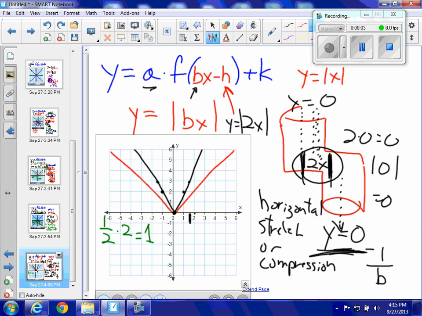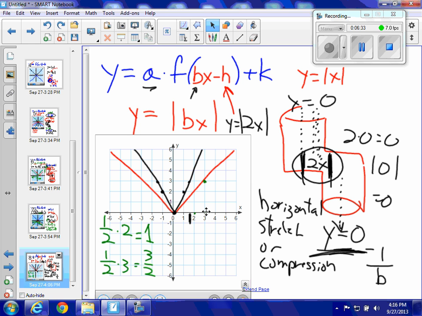I took my x value of 3, and I had a y value of 3. My x value changed from 3 to 1 over b, 1 over 2 times 3 equals 3 halves. So it is a horizontal stretch, a horizontal compression.